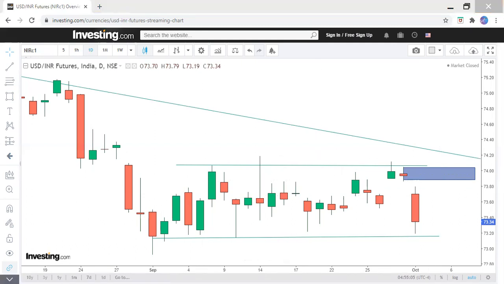If we look at the options data on a day-to-day basis, as we record in the Excel sheet we have provided to all our friends, 74 call has 2,45,000 open interest. I have also shared an analysis with you, friends: whenever we have open interest greater than 2 lakh, that is my personal analysis, I have seen in many cases that value acts as good resistance or support.